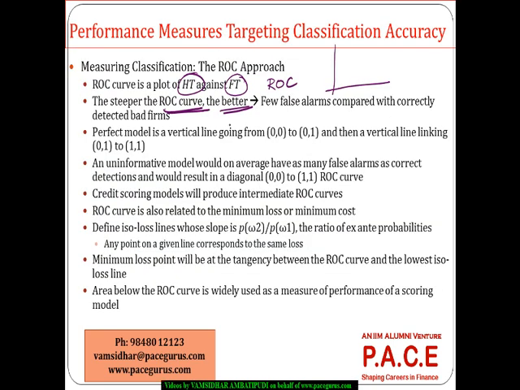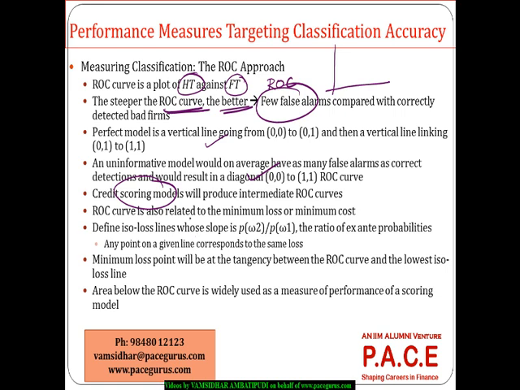So the steeper the ROC curve, the fewer false alarms come up, which means correct detection of the bad firms is happening. Whichever is diagonal is more like an uninformative, random model that is not doing any good job. Real credit scoring models will be somewhere in between the perfect and the uninformative model.